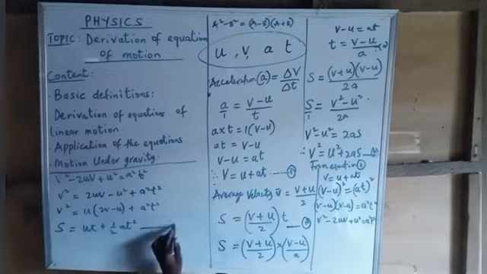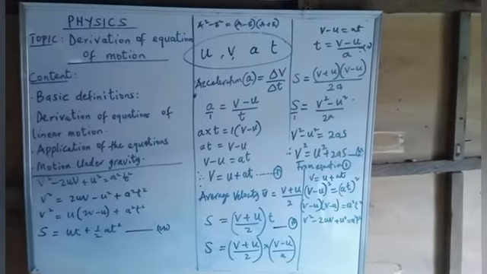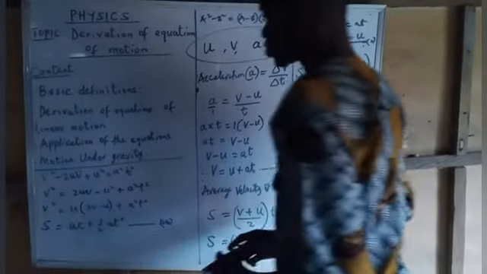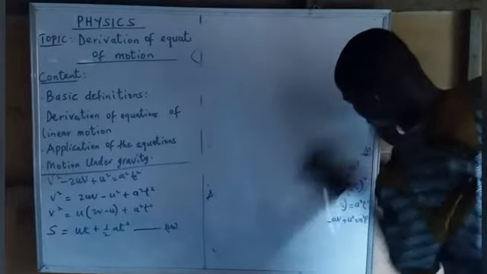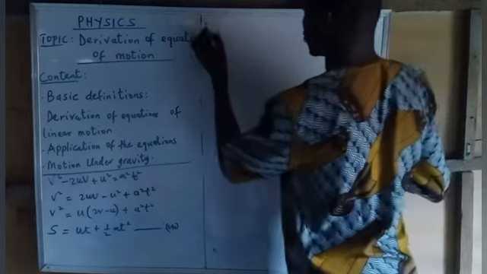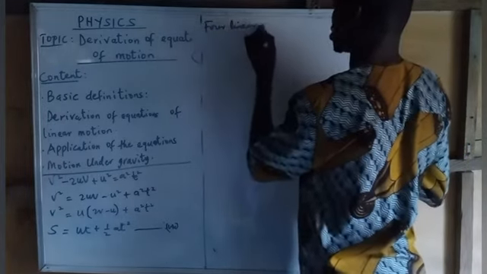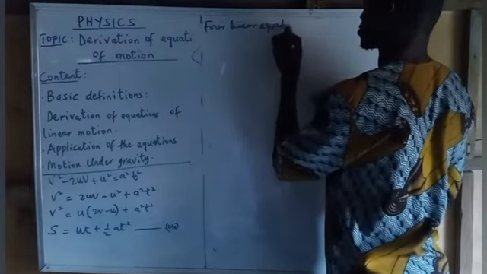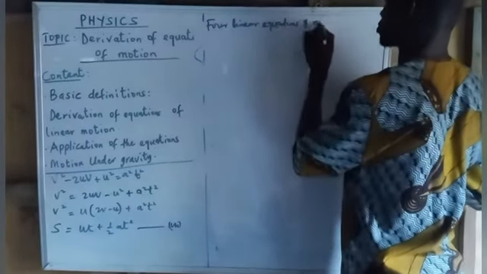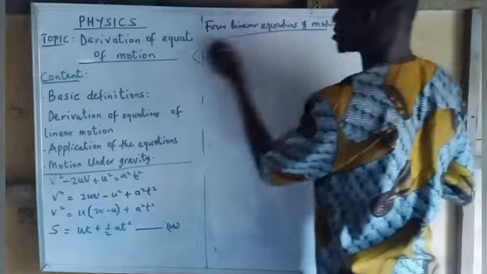So equation 4 rather. So these are the 4 equations of motion. Let me quickly write them out. The 4 equations of motion that we have in physics, which are linear motion equations of motion as derived above.